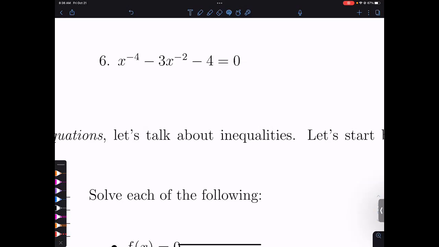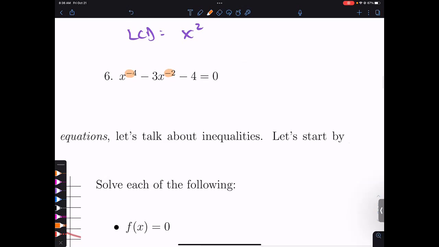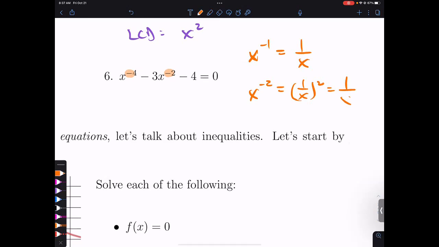It's a reciprocal. So, for example, x to the -1 means the reciprocal of x. X to the -2 means the reciprocal of x squared, or 1/x squared, and so on.